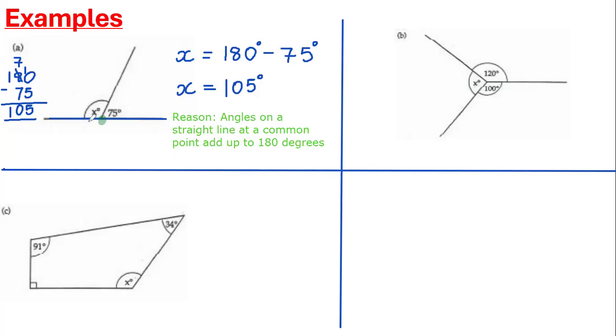We're on a straight line at a common point, and we have x and 75 degrees, so x is equal to 105 degrees. Class, do you all understand that? Let me know, please.